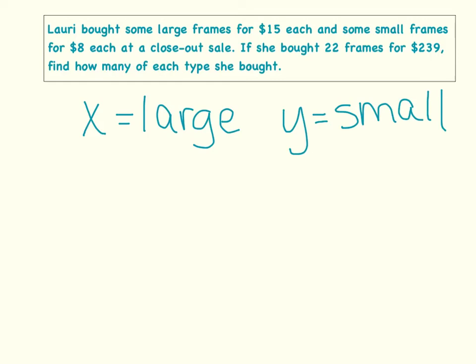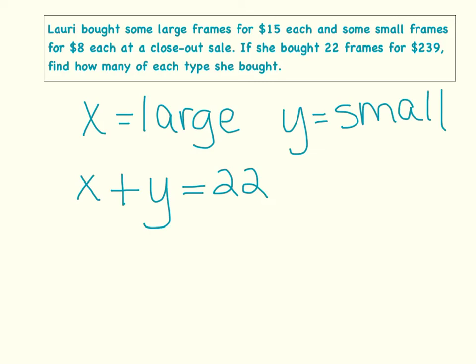So one of my equations is going to be to find out how many of each type would equal 22. So I could say X, which represents the number of large frames, plus Y, which represents the number of small frames, should equal 22.